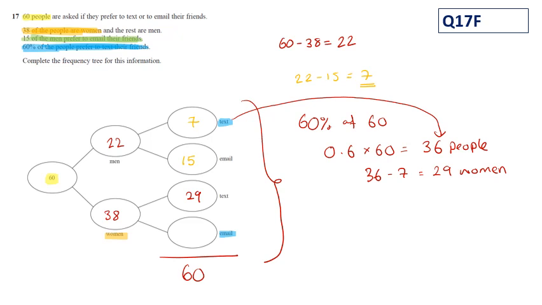So I'm going to do 7 plus 15 plus 29. That gives me a total of 51 people, and 60 people in total, so 60 minus 51 is equal to 9. So 9 women prefer to email. Okay, and that's it.